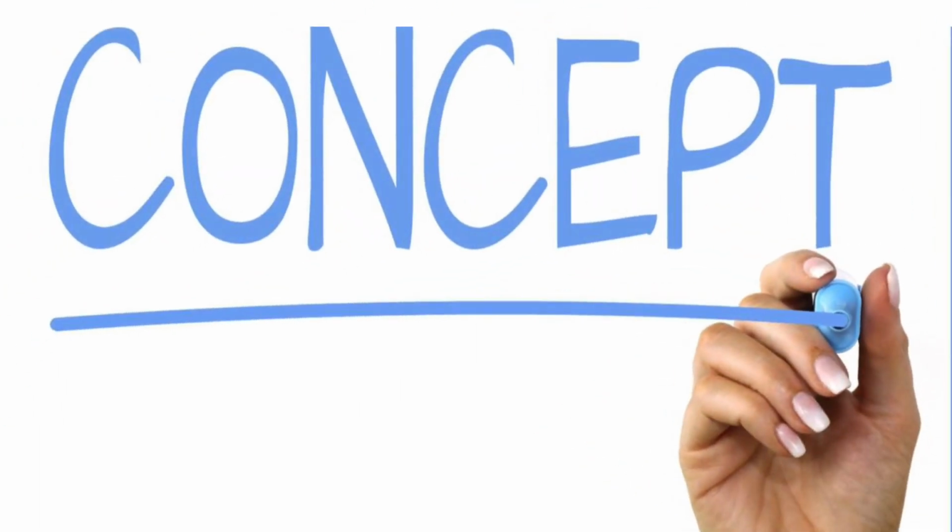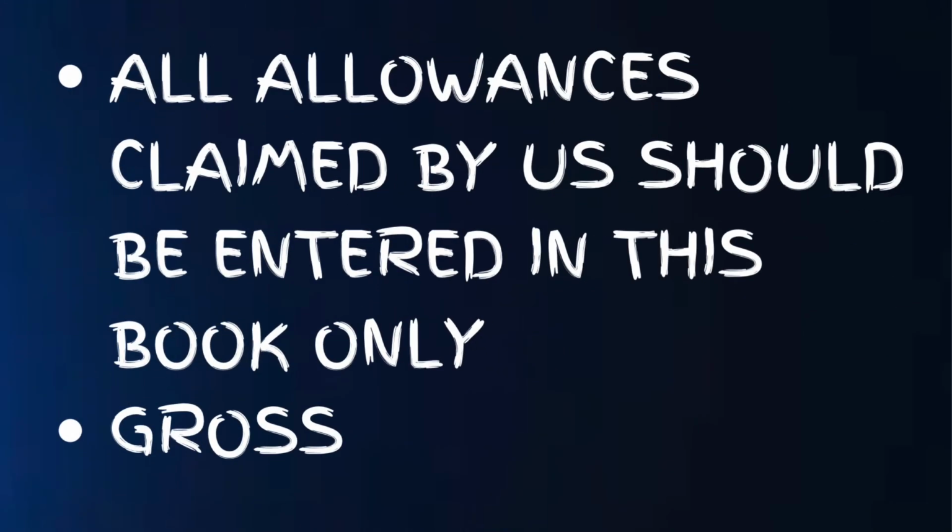Now there are a couple of important concepts. Please listen. All allowances claimed by us should be entered in this book only. It will not be entered in some other imaginary book. Then please be careful about gross. For example, goods purchased for 1000 less trade discount of 10%.